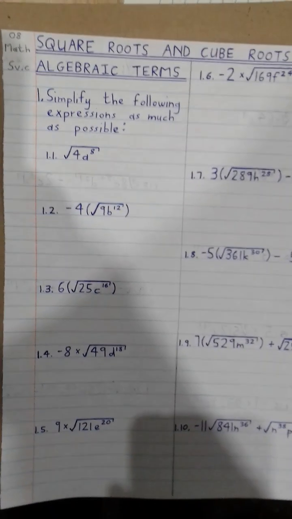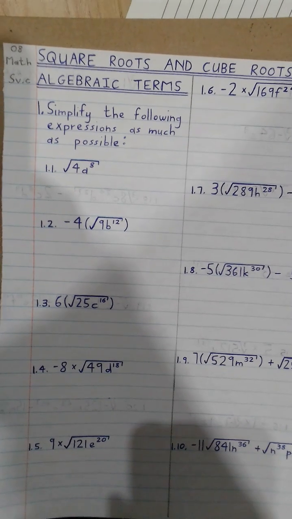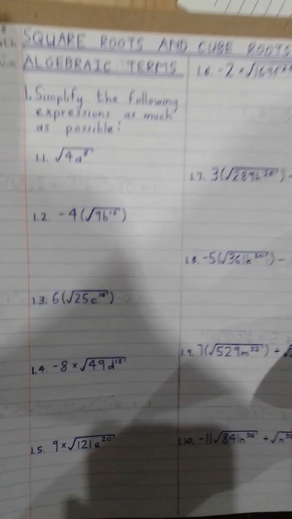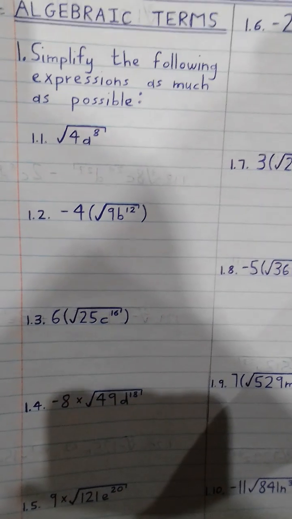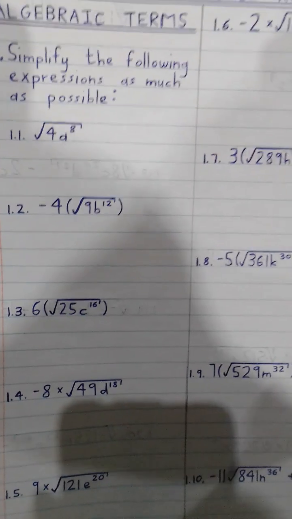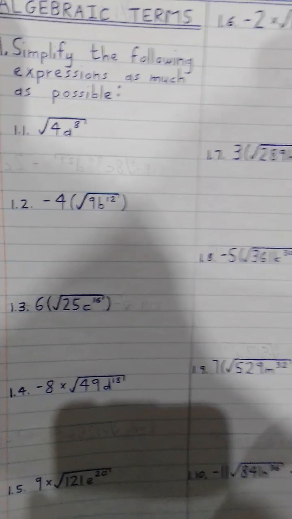Number 1 states, simplify the following expressions as much as possible. Okay, 1.1, we have the square root of 4a to the power of 8. First we need to calculate the square root of 4.